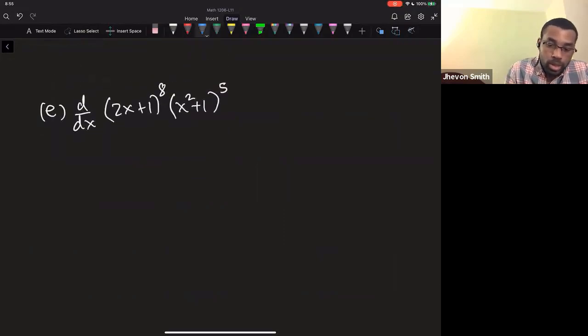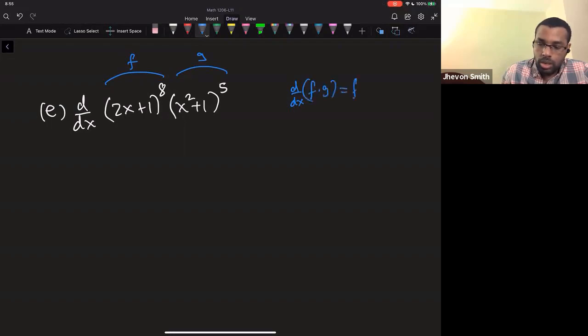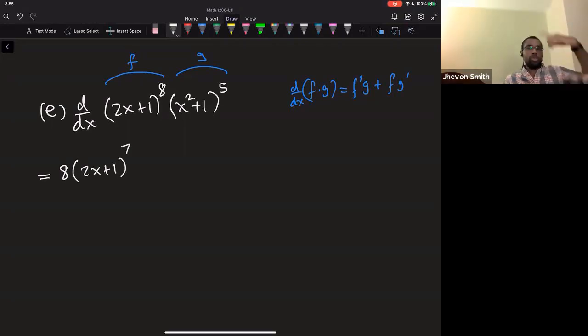This one here, this is like your f, that is like your g, and we know that the derivative of f times g is f prime g plus f g prime. So that's what we're going to do. Differentiate the first one. We need the chain rule. Differentiate the outer function, which means bringing the power down, subtracting 1 from the power, and multiplying by the derivative of the inside, which in this case is just 2.